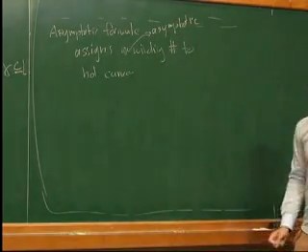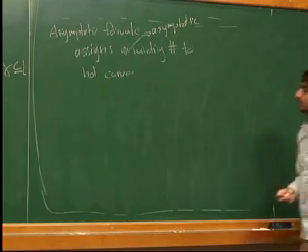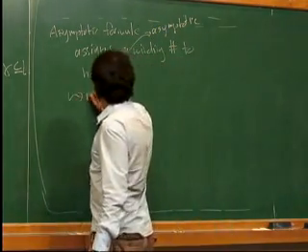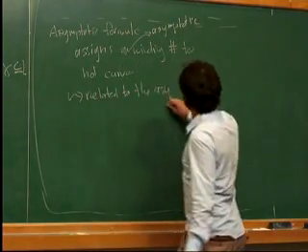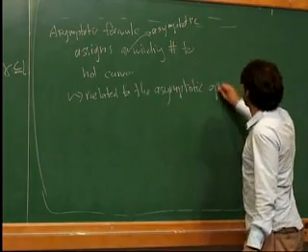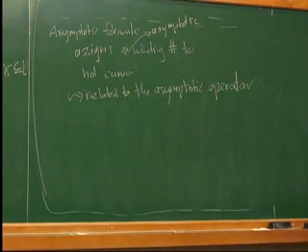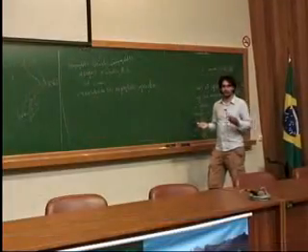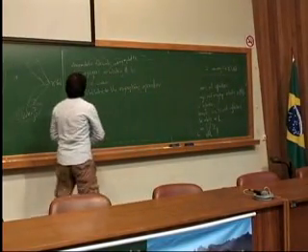I think Pedro mentioned this in his talk already, right? And this is related to the asymptotic operator. Remember, the asymptotic operator you can think of as representing the Hessian of the action functional. So it's some symmetric operator with certain properties. I'll maybe say a little bit more about this in a second.